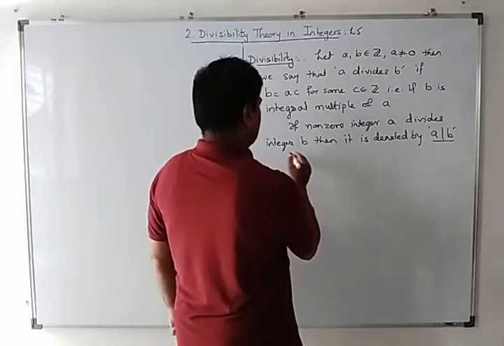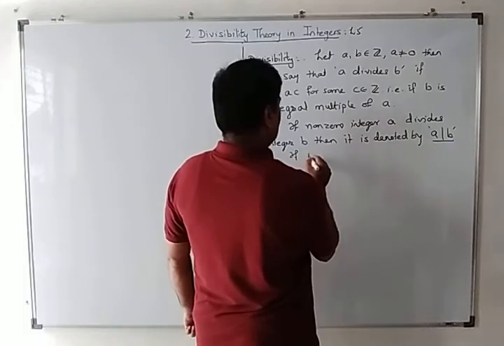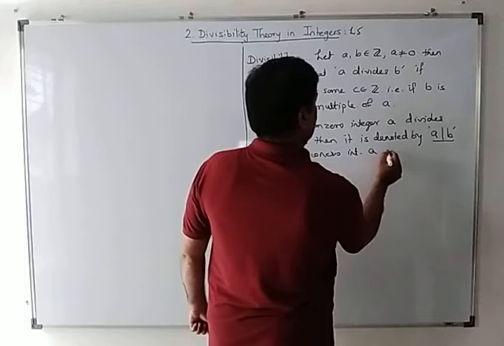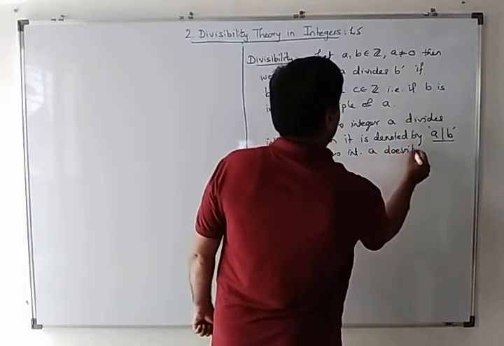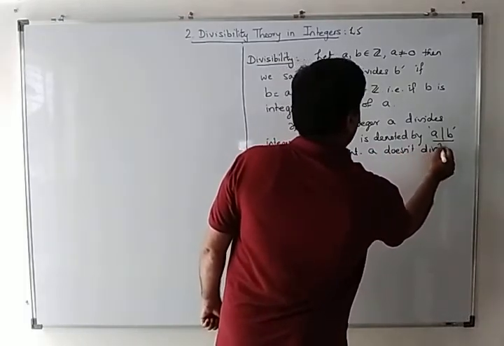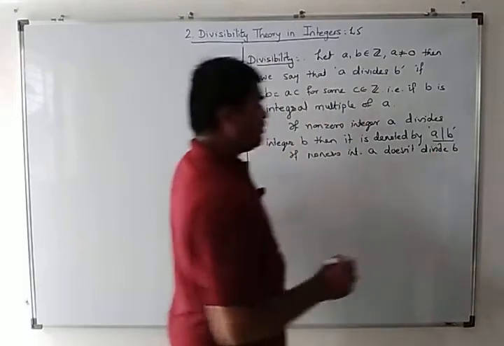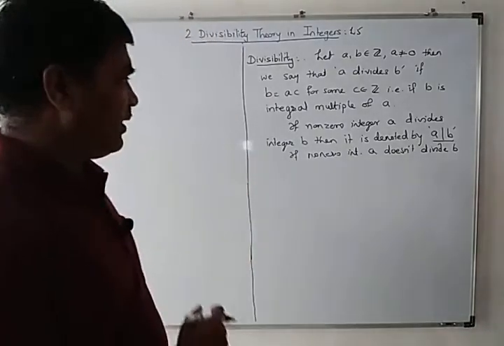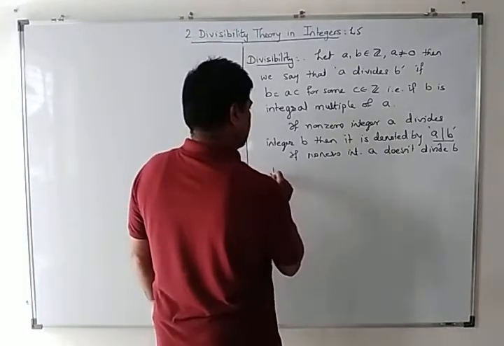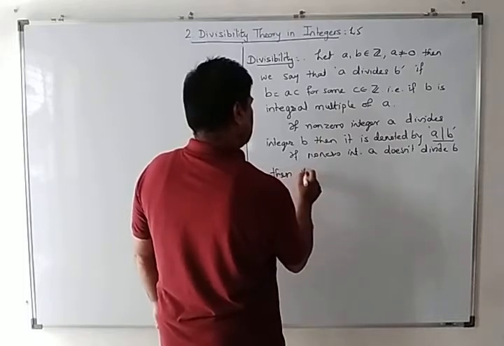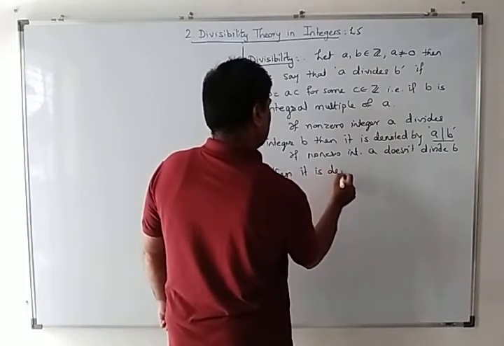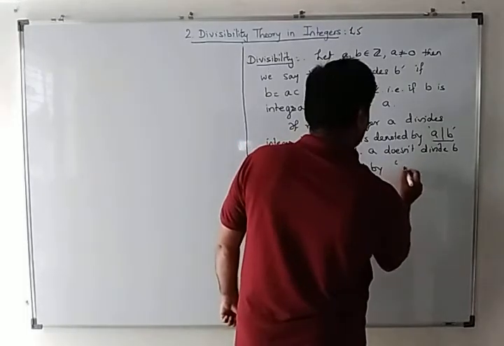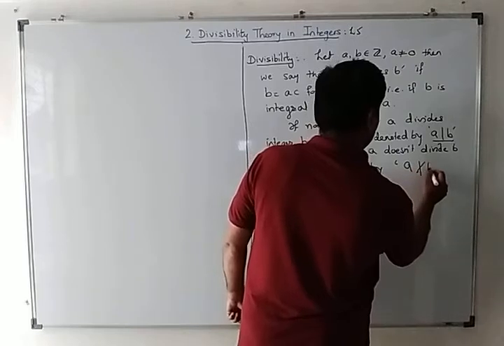If a non-zero integer a doesn't divide b, that is, if b is not an integral multiple of a, then it is denoted by a doesn't divide b.